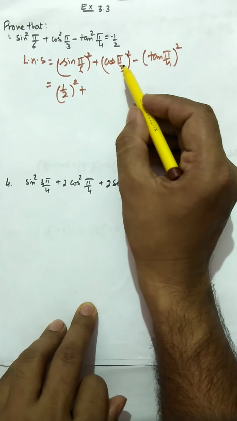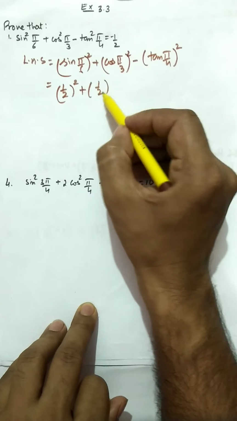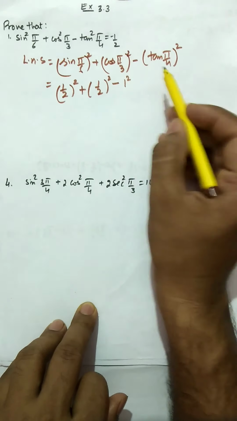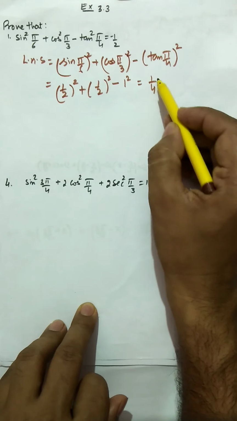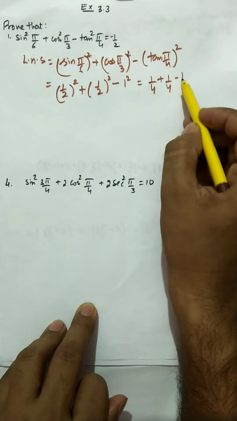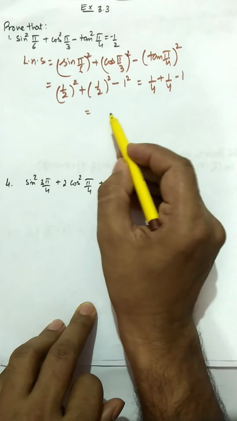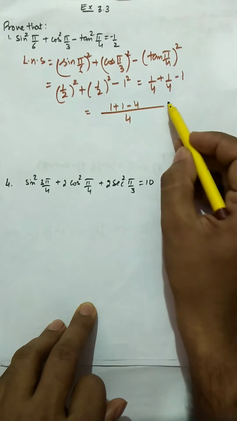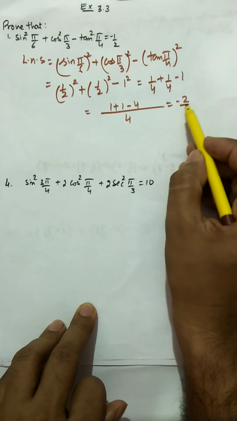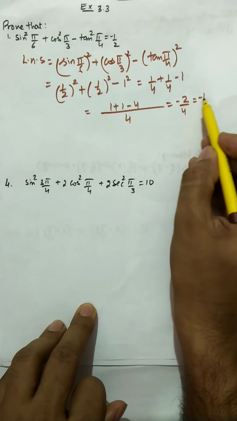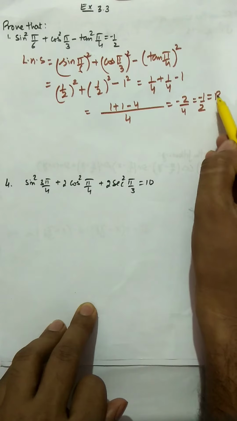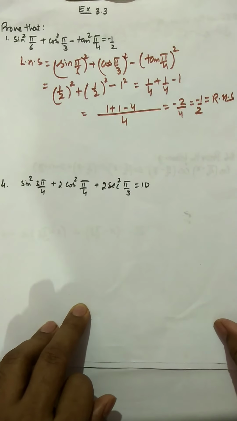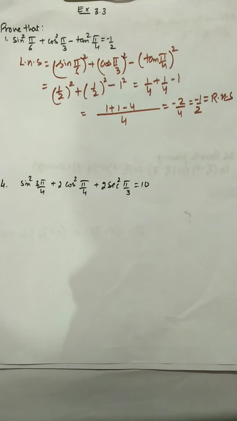Cos pi by 3, which is cos 60, is again 1 by 2 whole square. Tan 45 is 1, square is 1, so this is going to be 1 by 4 plus 1 by 4 minus 1. So you take LCM, the LCM will be 4, so this is 1 plus 1 minus 4. So this is going to be minus 2 upon 4, and this is going to be minus 1 by 2. This is equal to your RHS. So we have proved it with the help of the angles that we know.